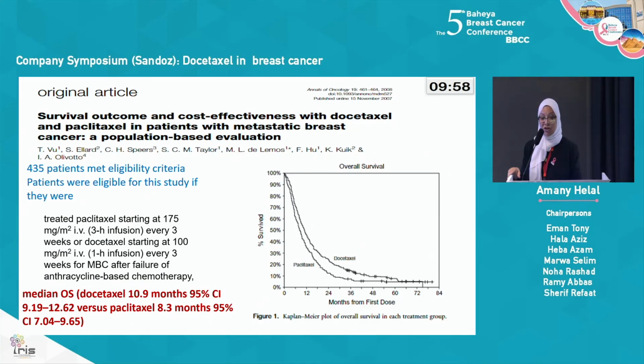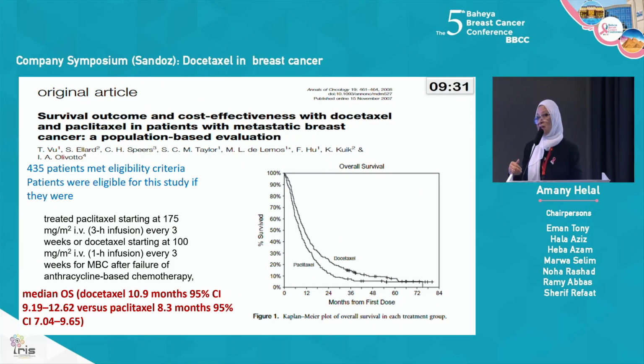It was a population-based evaluation, included more than 400 patients. The patients were eligible for this study if they were treated with paclitaxel at 175 milligram per square meter every 3 weeks, or docetaxel at 100 milligram per square meter every 3 weeks for metastatic breast cancer after failure of the anthracycline-based chemotherapy. And this is the general guidelines we are going with.